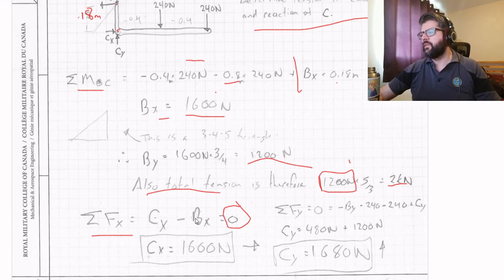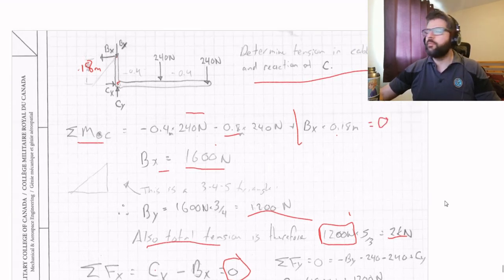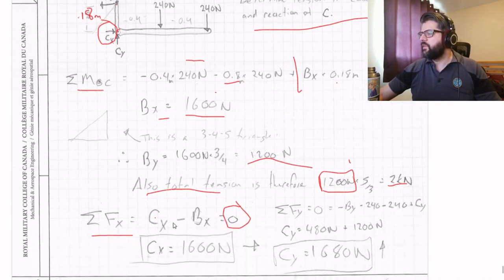So that minus that is going to be equal to 0, because I already had the orientation set properly in the free body diagram, or at least the orientation of the tension in the cable was set properly. If this ended up being negative, then obviously that would have flipped. But it doesn't, so our Cx there is going to be equal to 1600 newtons, or 1.6 kilonewtons.